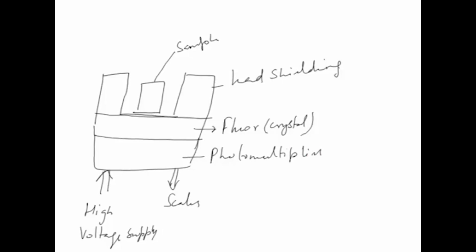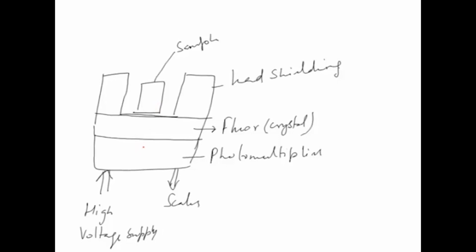So, what happens is that a radioactive sample is placed here. This is mostly gamma radiation, or radioisotopes emitting gamma rays, or a very high energy beta emitter. It could be alpha also, but like I said, they are not so much used.